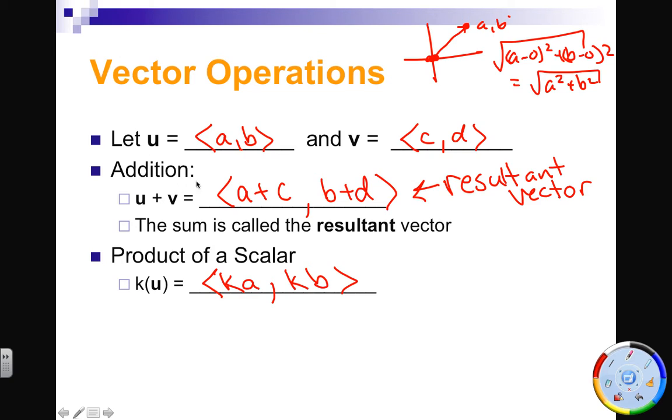Well, that's nice because now if I'm in component form, finding magnitude is super, super easy. So the magnitude of U is just the square root of A squared plus B squared. The magnitude of V is the square root of C squared plus D squared. Okay, so that's going to come in handy.